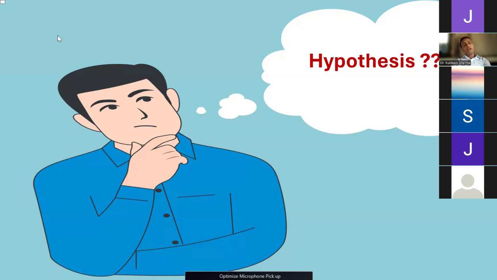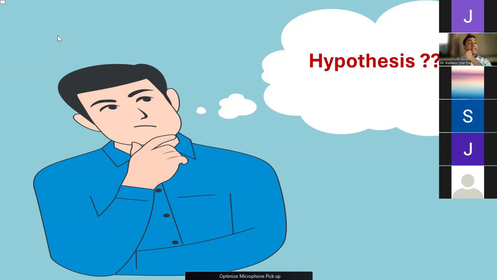So we have heard four points of view. The dictionary meaning of hypothesis is assumption. But in research, we never work on assumptions. Madam has said very correctly, hypothesis is a well-planned, well-designed statement.